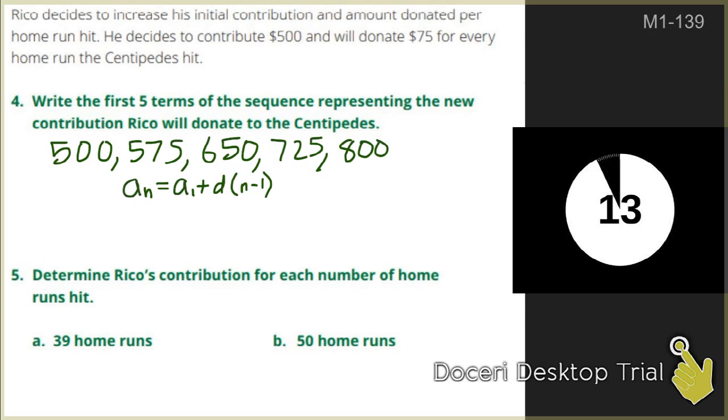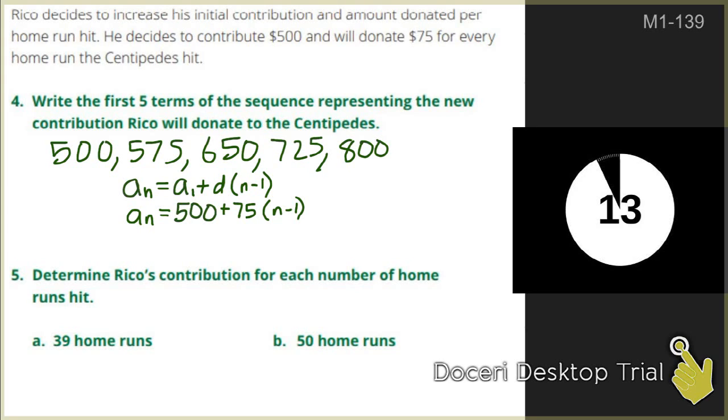Now what we need to do is fill in some of these parts. A to the n stays the same. Our first term is 500 in this case. And now our common difference is 75. And the n minus 1 also stays the same.